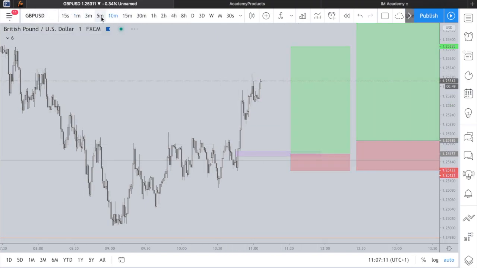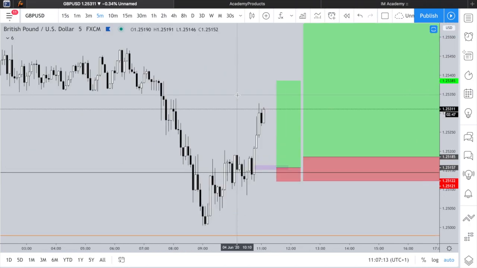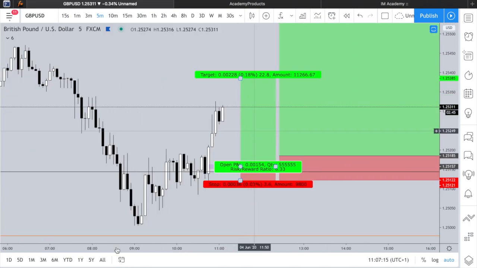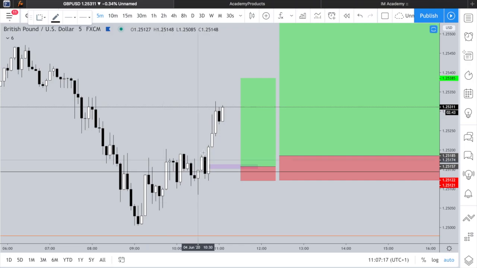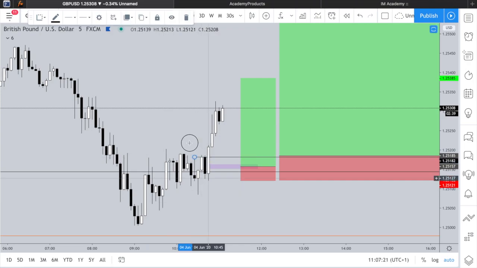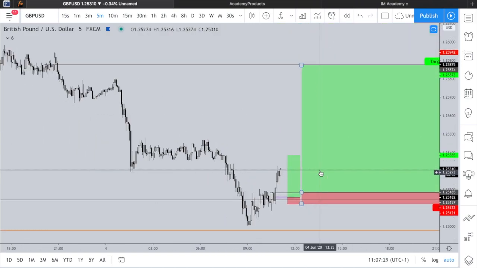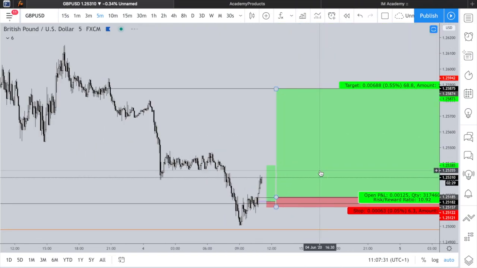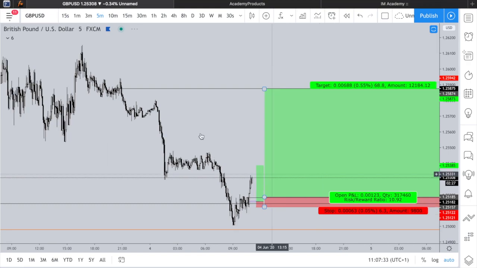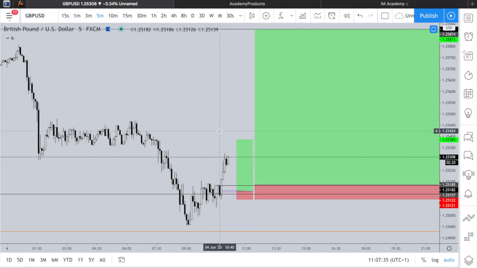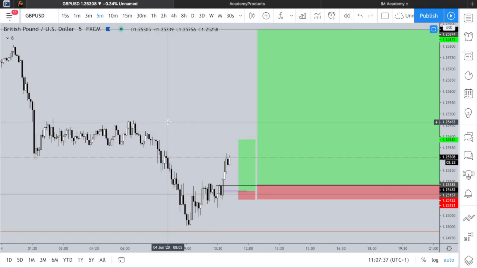Now, for the other entry that I have over here, I'm going based on that 5 minute institutional candle, which we have right over there. Okay, that 5 minute institutional candle, I've put my entry just at the high of that wick, just at that imbalance fill, stop loss at the same price, giving us a 6.3 pip stop over there, or a 3 pip stop over here, 3.6 pips.